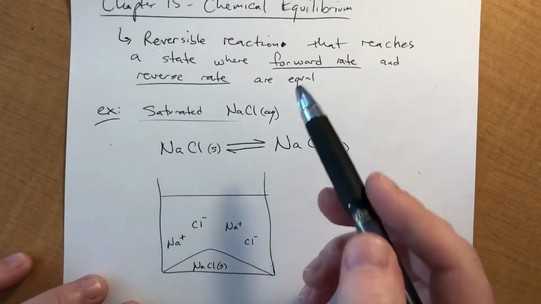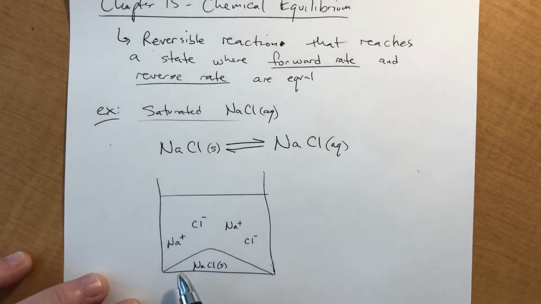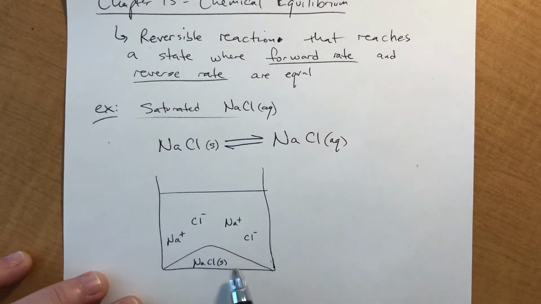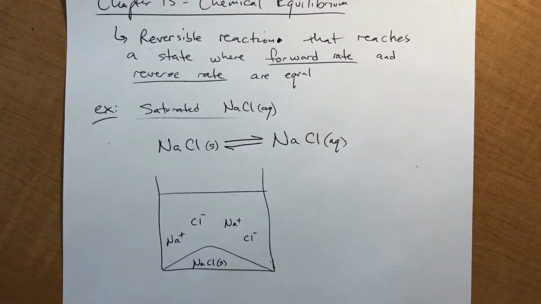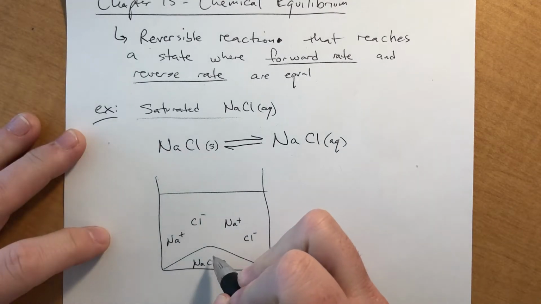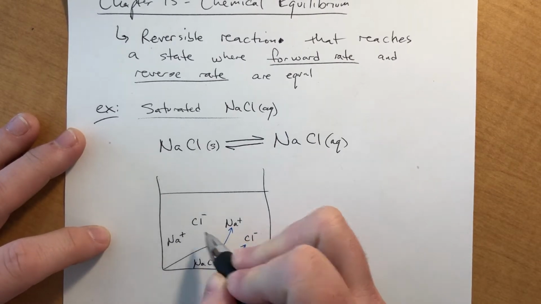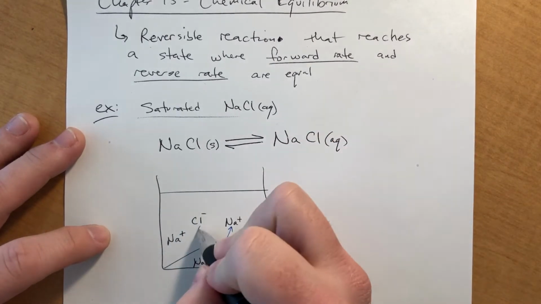The way we visualize this is that although once it reaches equilibrium the total amount of sodium chloride solid never changes, that doesn't mean that the reaction isn't still occurring. There is still stuff dissolving to form new ions, and there are ions coming together to form new solid.